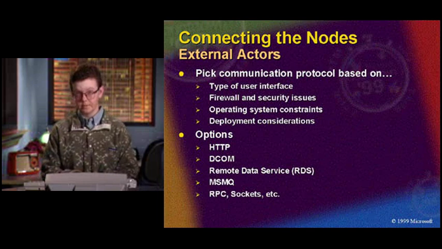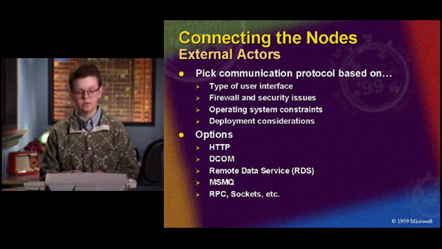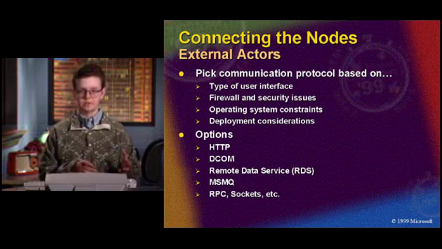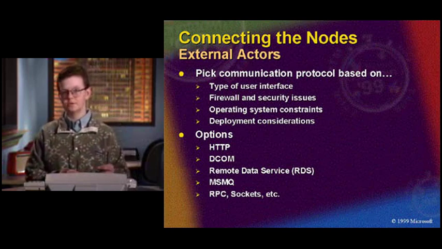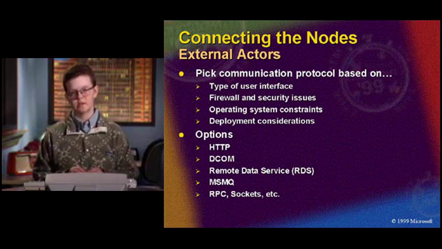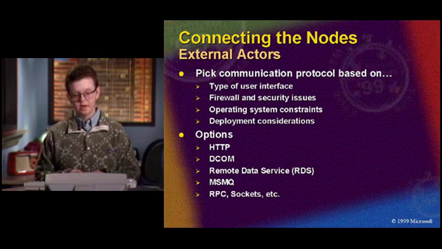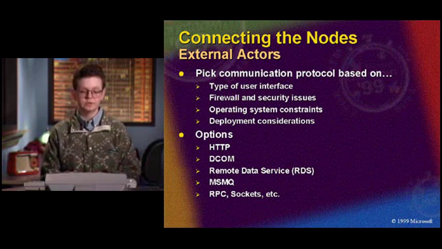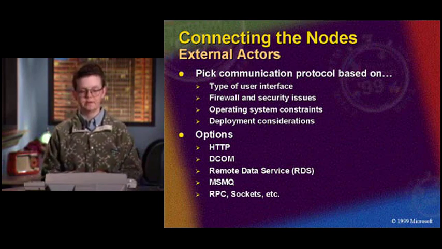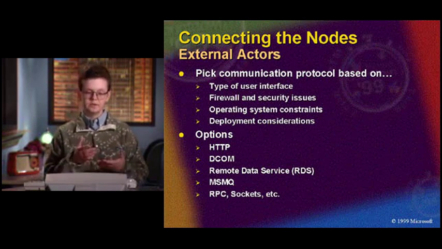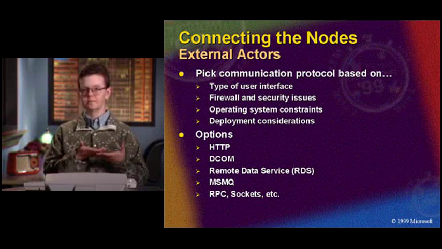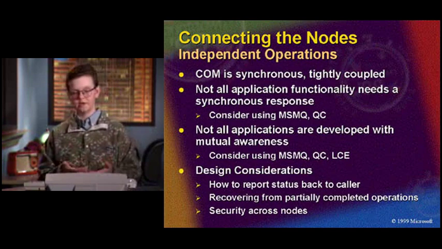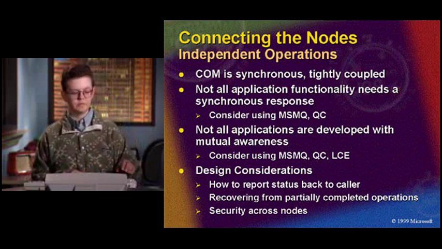You should also think about messaging using MSMQ, or potentially using MSMQ in conjunction with MQ series or some other messaging technology through a bridge. And then there are lower level protocols that you could use as well, RPC, sockets, or anything like that. But the thing that you need to think about here is, am I going to be able to build my application in a timely manner if I pick a particular option?